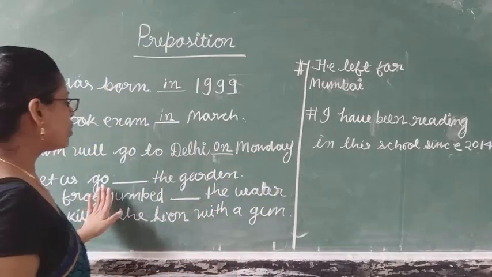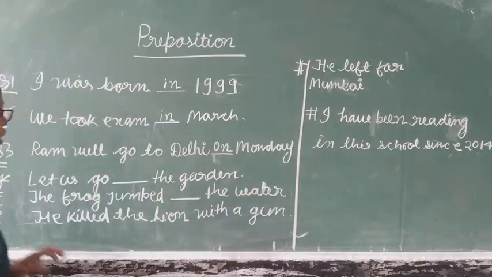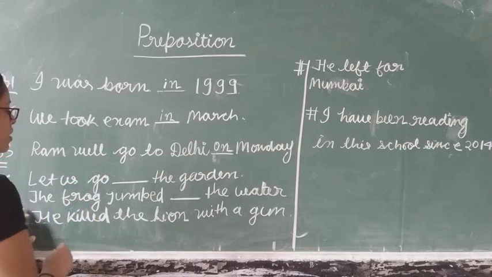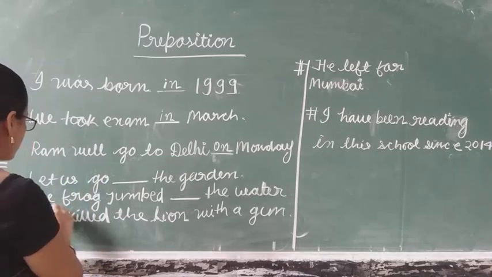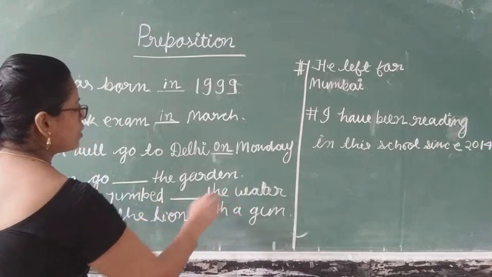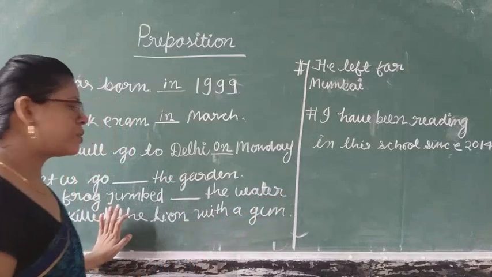Let us go dash the garden. Tell me which preposition we should write here. See another example also: the frog jumped dash the water. What do you observe here?